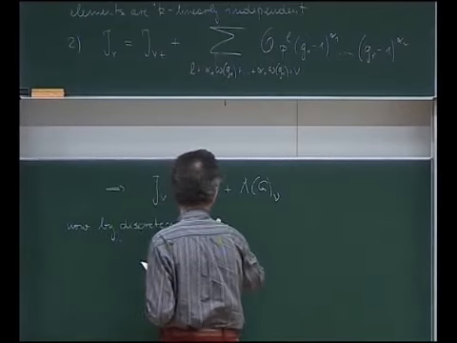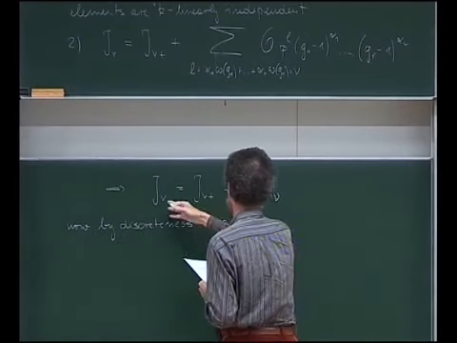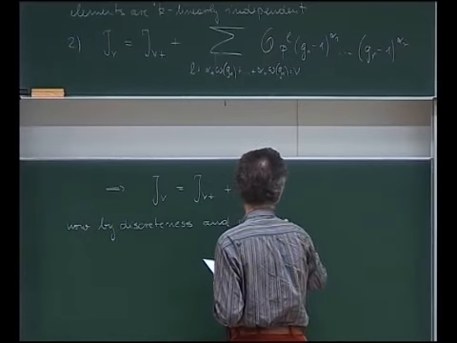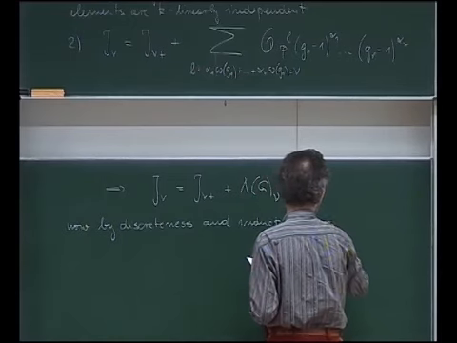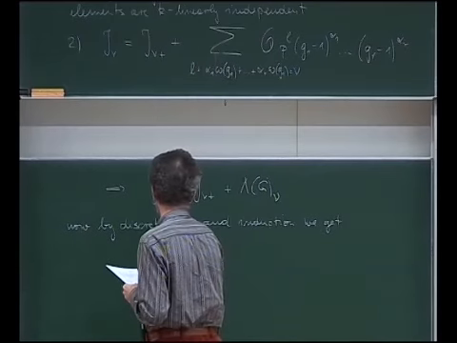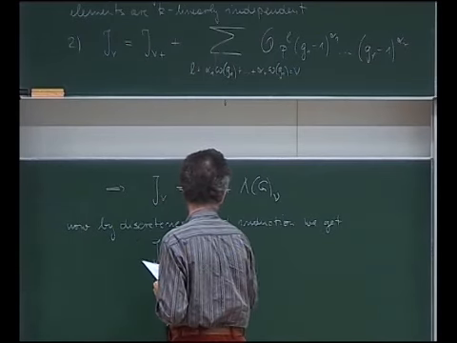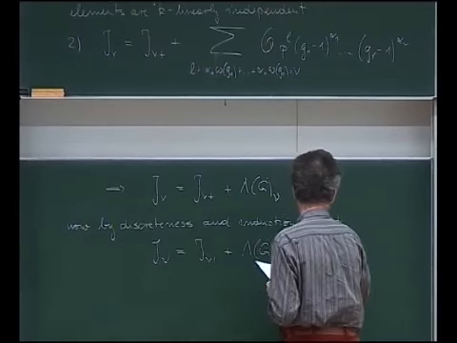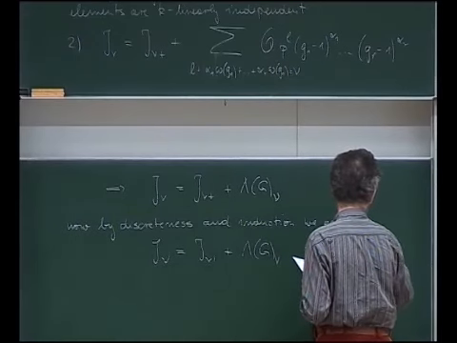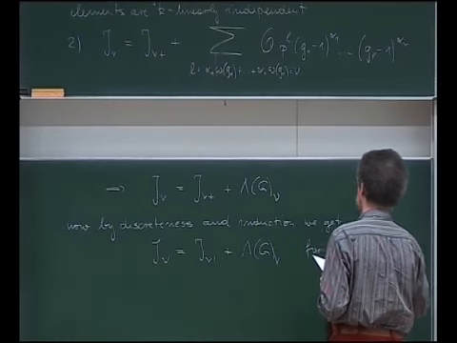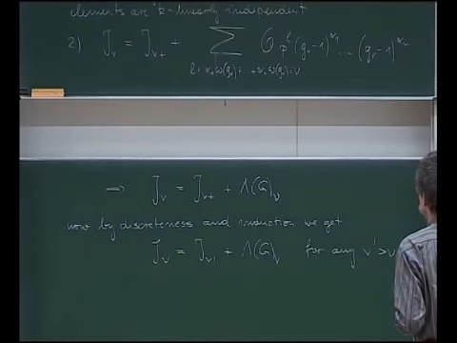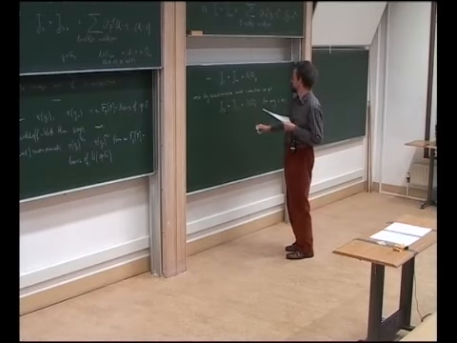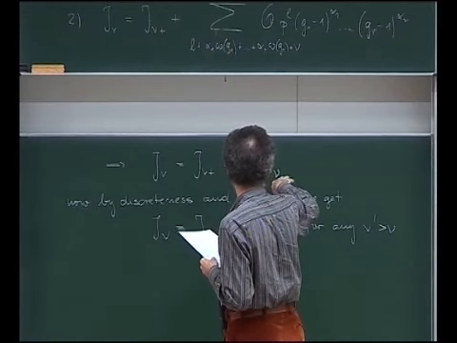But now, by discreteness of these values where this is non-zero, where here really are jumps, and induction, we get that this holds true modulo any bigger index, for any nu prime bigger than nu.